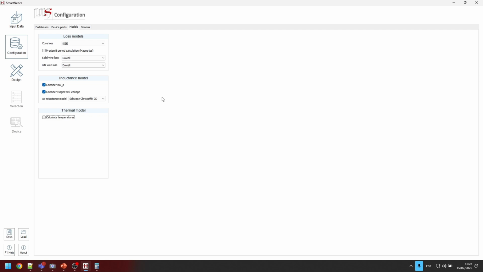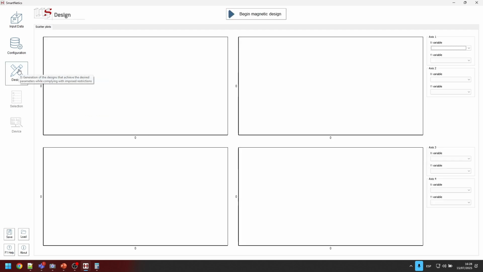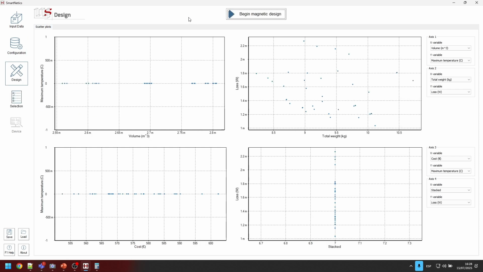So now that we know every physical parameter, every electrical parameter, and we have lifted every restriction in the tool, we can find every combination of the parameters in the databases that provides a device that can fit the one we have on our tape. That we can do in here, just by pressing begin magnetic search, okay?